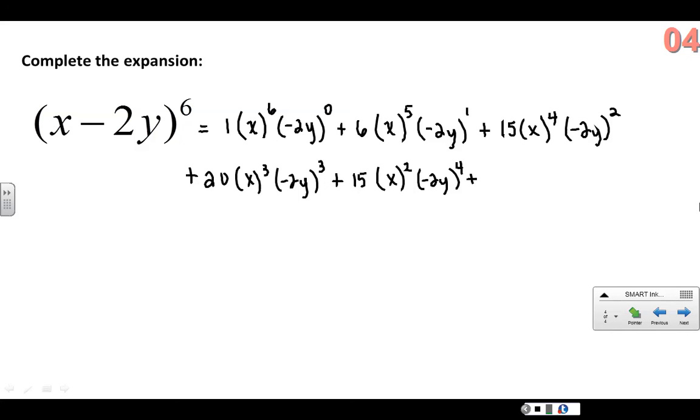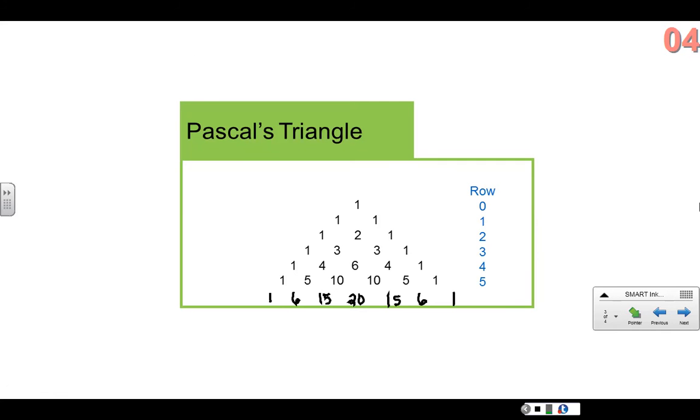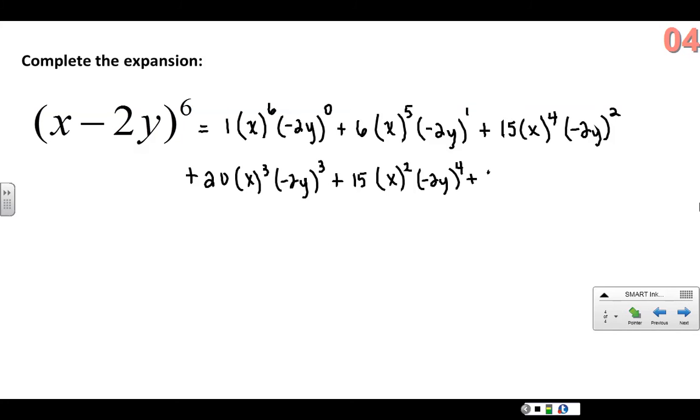Okay, with 15, 20, 15, go back to Pascal's triangle, 6 and 1. 6 times x to the 1st, negative 2y to the 5th, and then 1 times x to the 0 and negative 2y to the 6th.